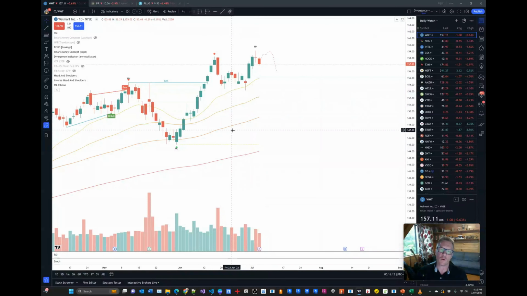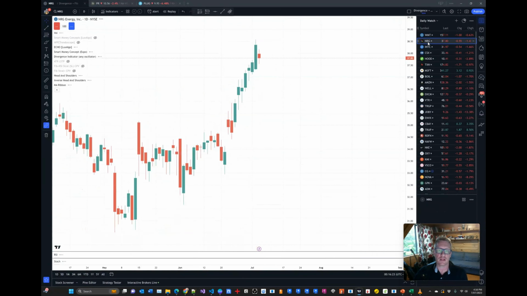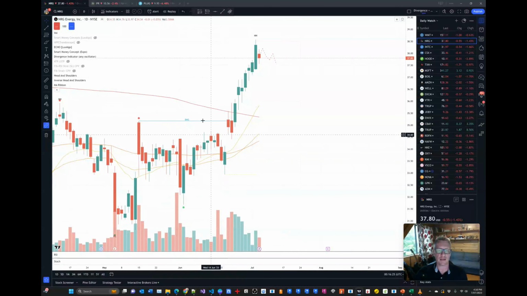Now, the fact that all of these are stacked quite nicely, we've got the 20, then the 50, then the 100, then the 200, tells us that it's consistently following this trend. If we look at some stocks where those lines overlap, as in this case, it means that we have a trend change.